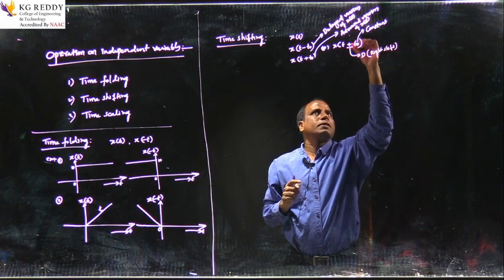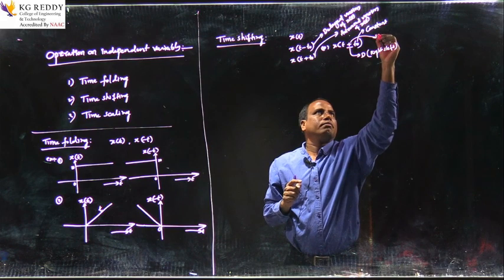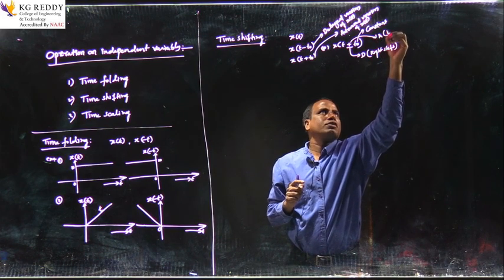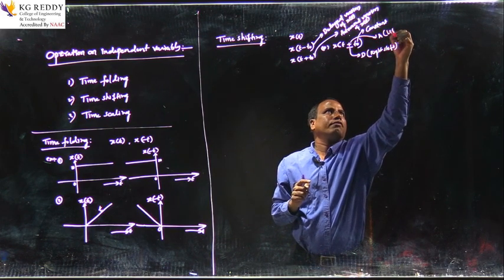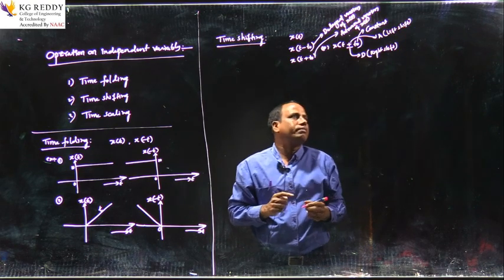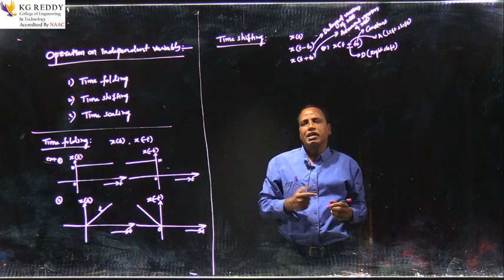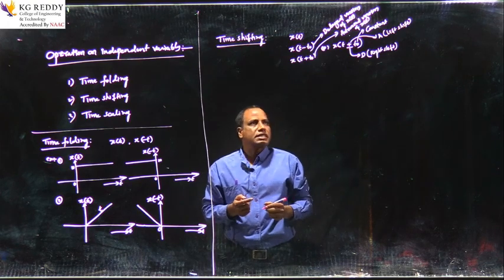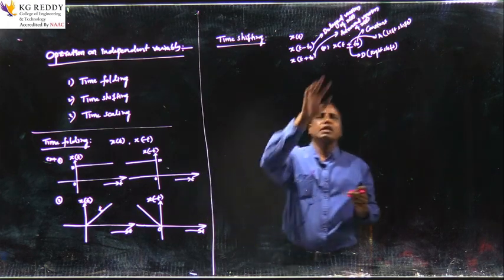And plus means advance, which means always left shift. If you remember this, it will be easy for us to sketch the delayed and advanced versions of the given signals.